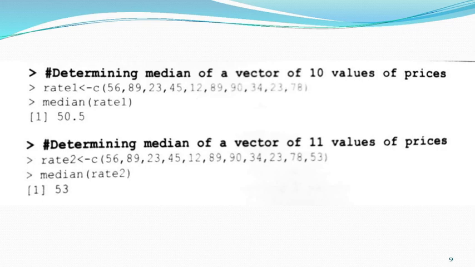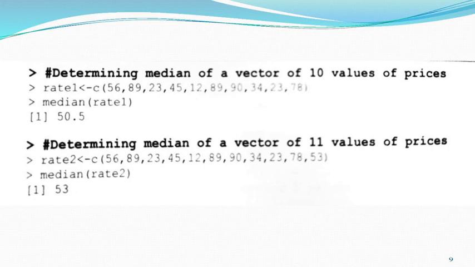Since the vector has an even number of observations, there will be two middle terms, the values at the 5th and 6th position. The median is determined by taking the average value. Hence, the average is (45 + 56) / 2, that is equal to 50.5.